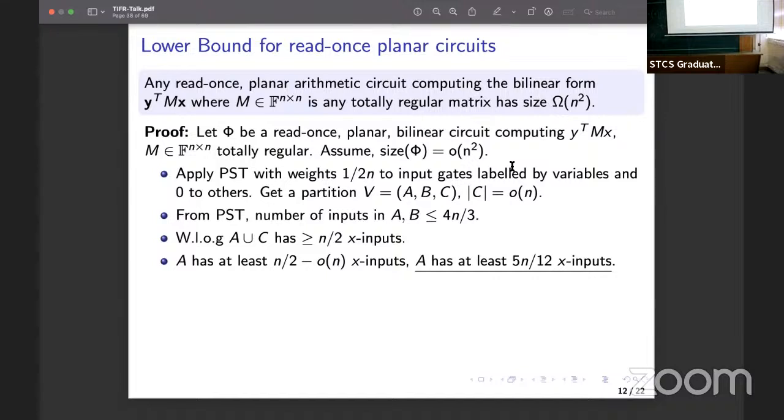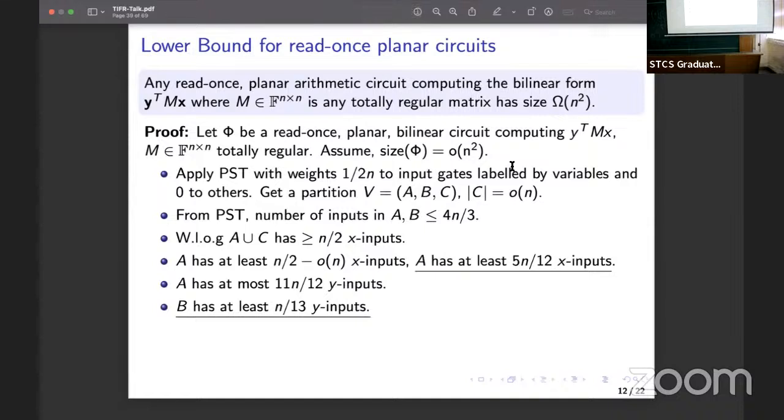Let's assume A union C has at least n by 2 x inputs. So A alone must have at least n by 2 minus little o of n, because C had size little o of n. So A must have at least some number of x inputs, let's say 5n by 12.